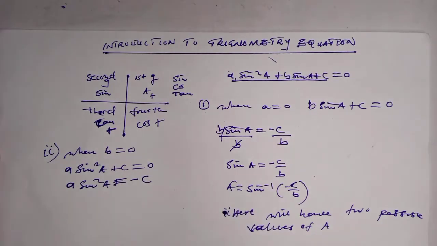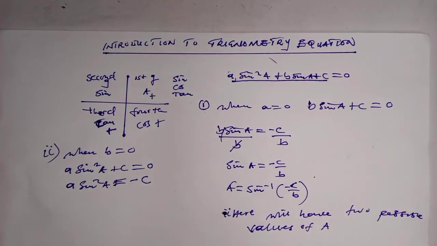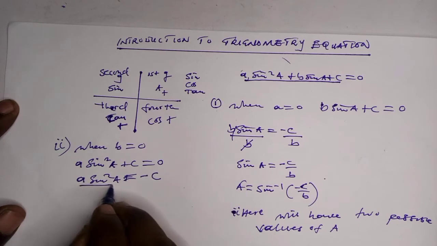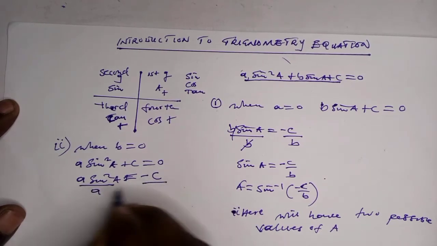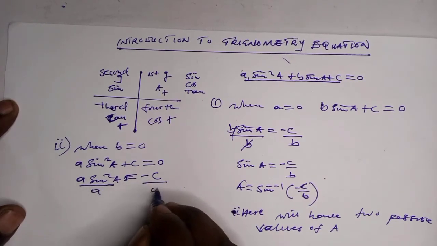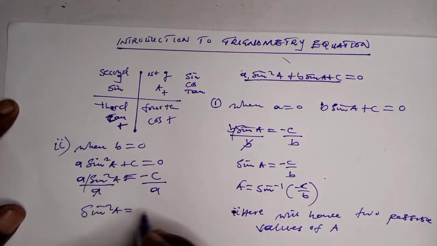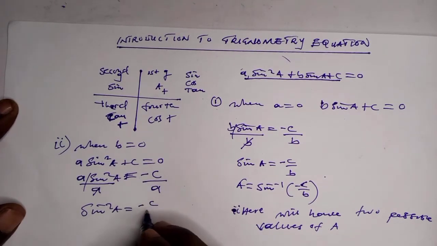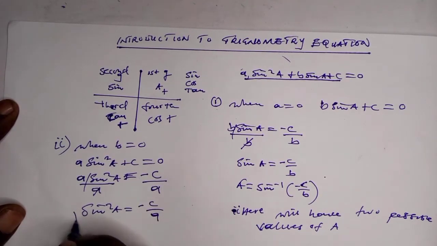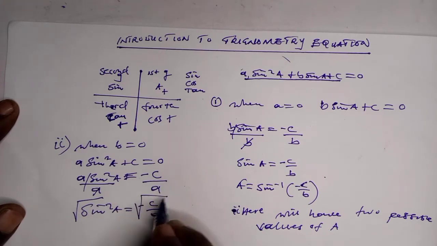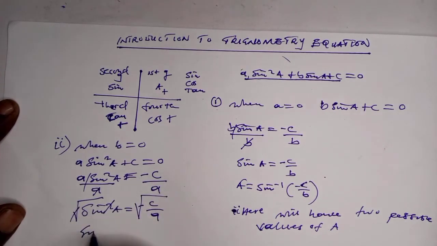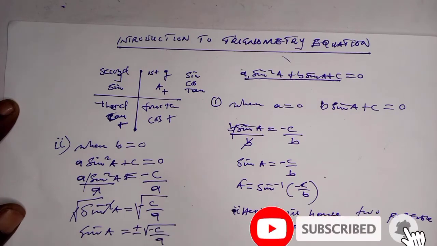Let's divide throughout by a so that sine squared A remains alone. So sine squared A equals minus c over a. So you put the square root here and here. So sine A equals plus or minus the square root of minus c over a.